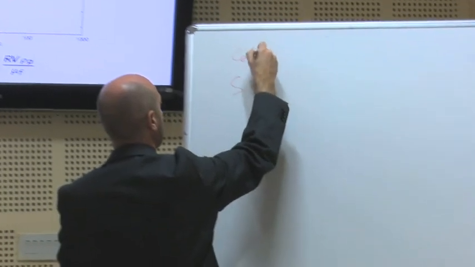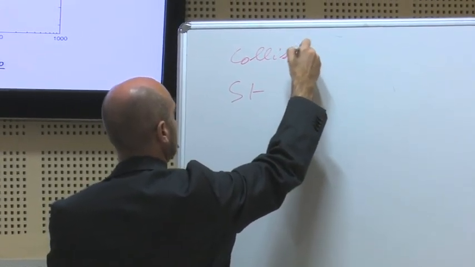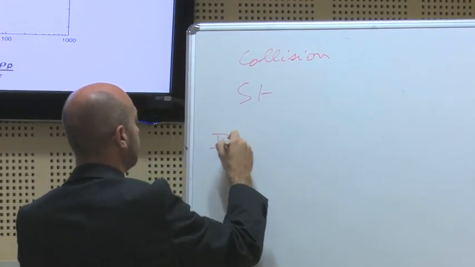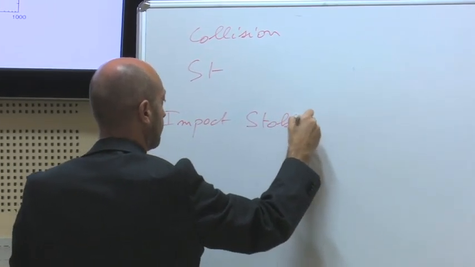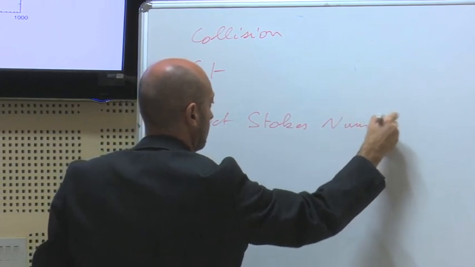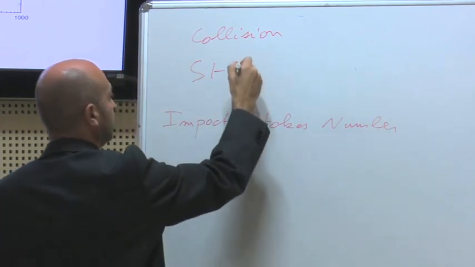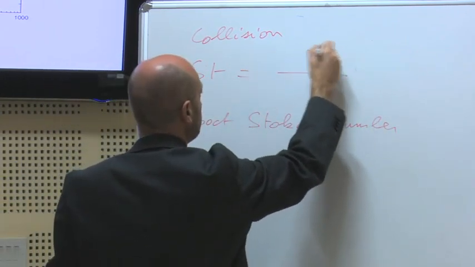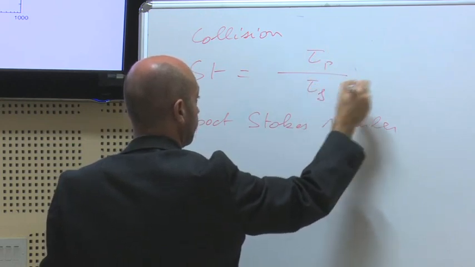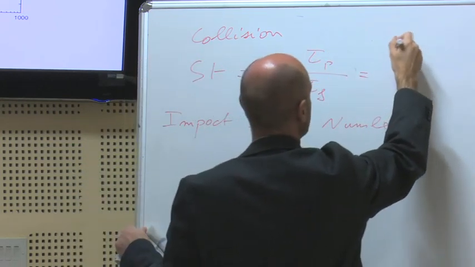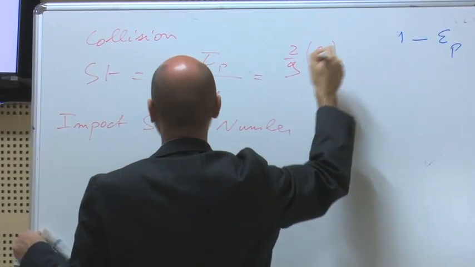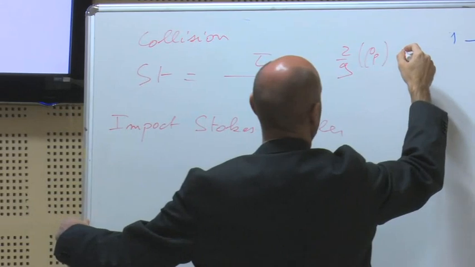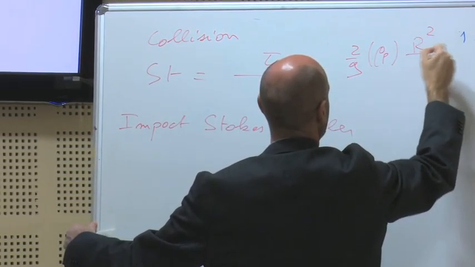So the Stokes number for collisions is actually called the impact Stokes number, and the definition is very simple. It's tau p over tau f, and tau p is 2 over 9 rho p multiplied by r squared over mu.